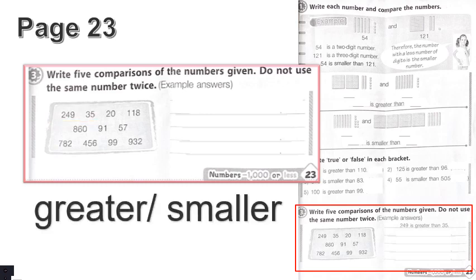So I will compare these 2 numbers. I can write 249 is greater than 35. That is correct. Or I can write 35 is smaller than 249. That is also correct.